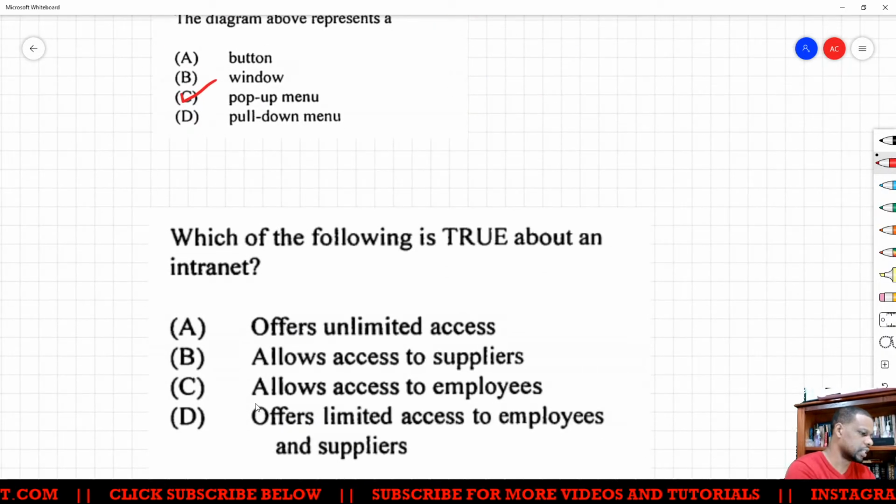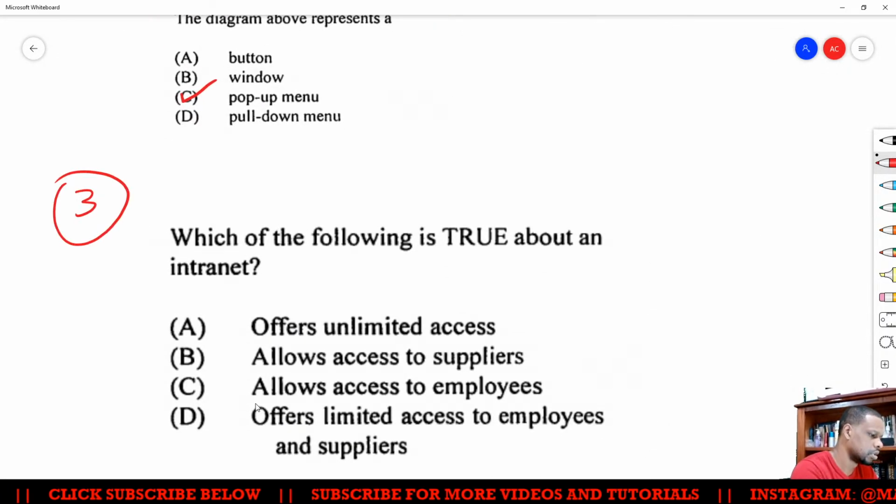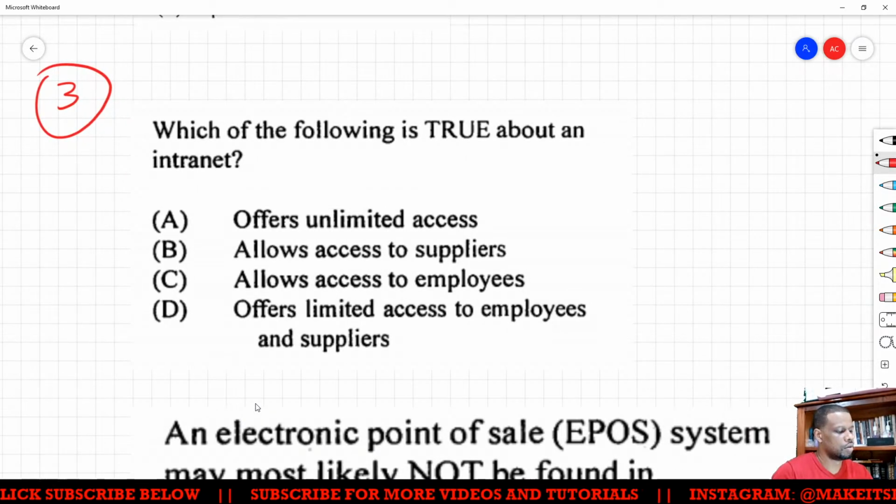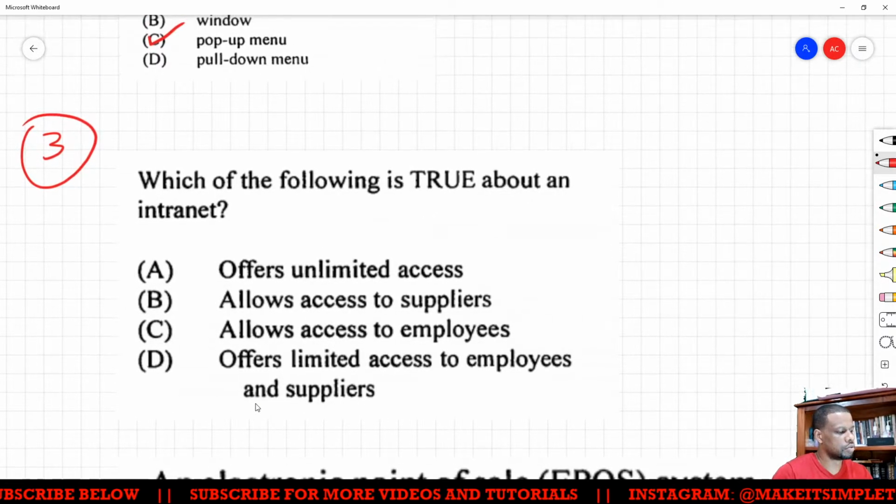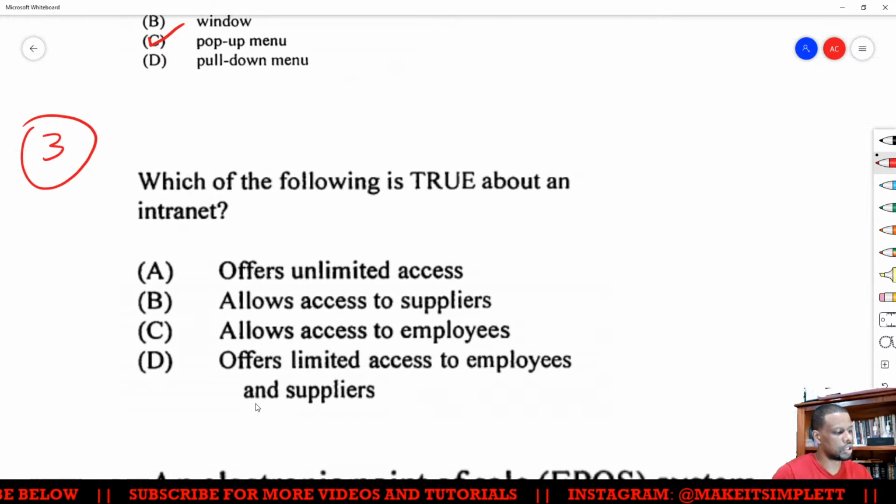Okay, next one. Which of the following is true about an intranet?